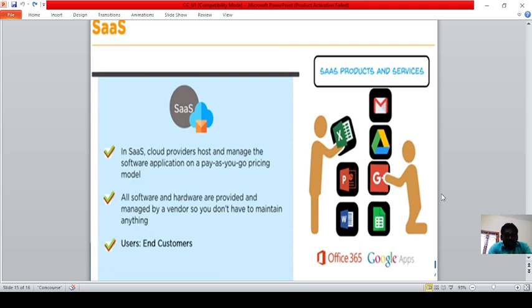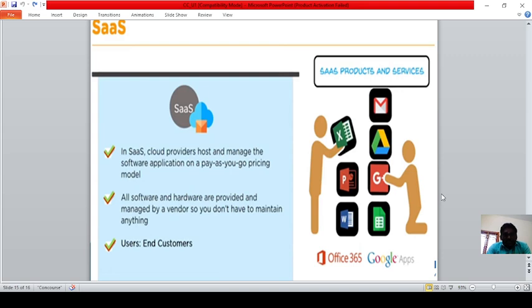In software as a service, all the software and hardware are provided and managed by a vendor. So you don't have to maintain anything for updates, unauthorized access problems, or security issues. All of it is maintained by the cloud providers. We only use the software. That's all. The users are end customers.